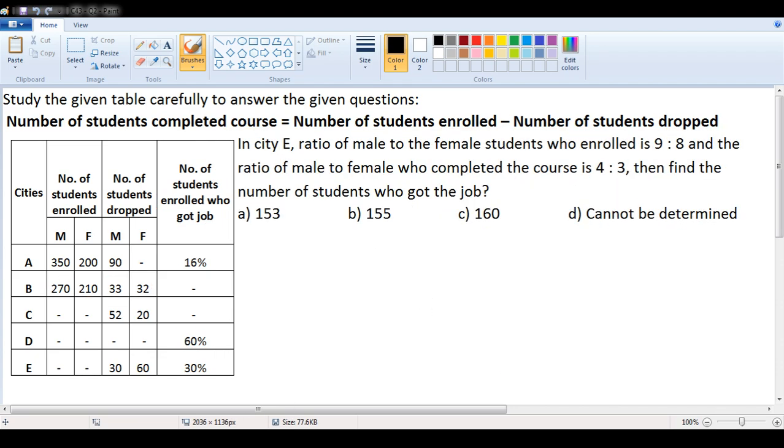Now listen to this carefully, sir. Second question says, in city E, ratio of male and female students who enrolled is 9:8.